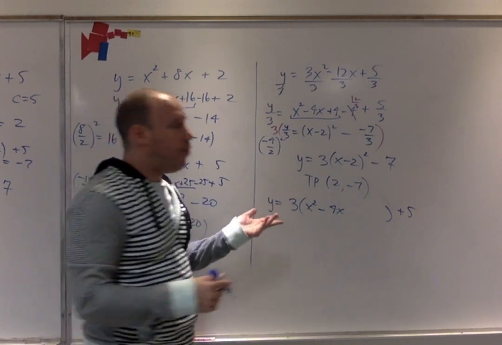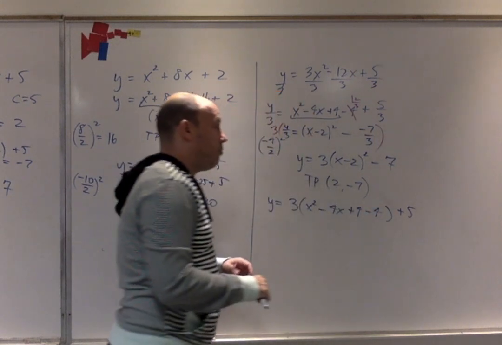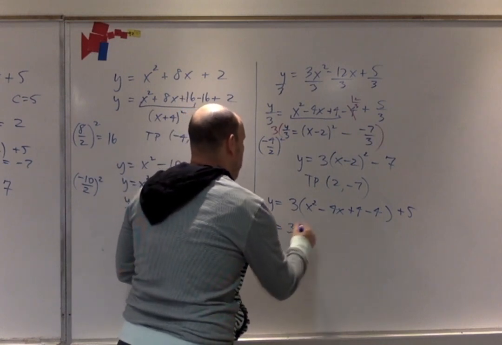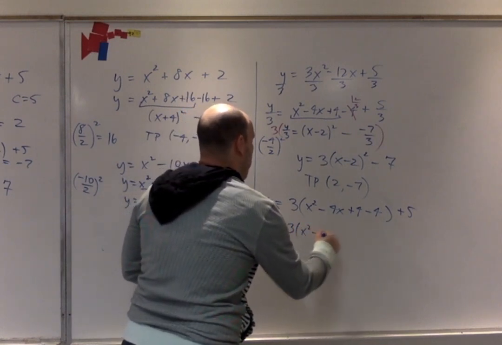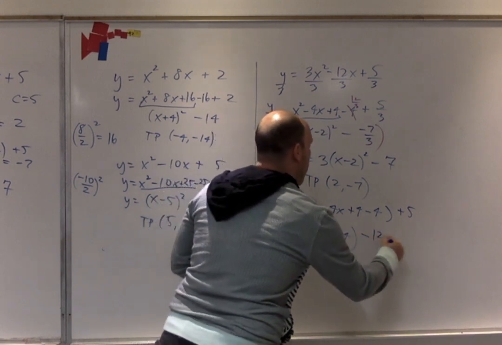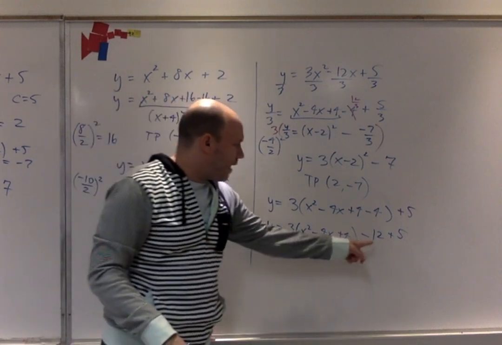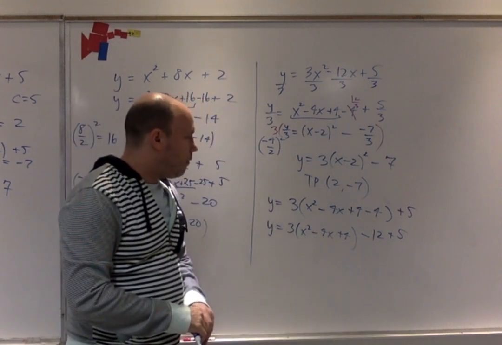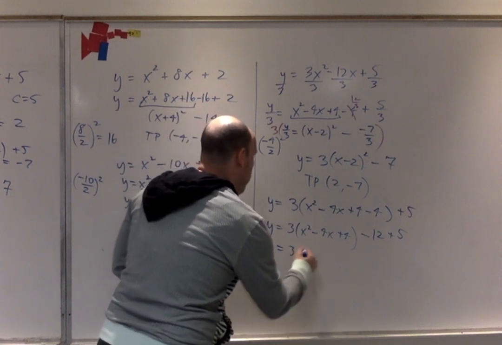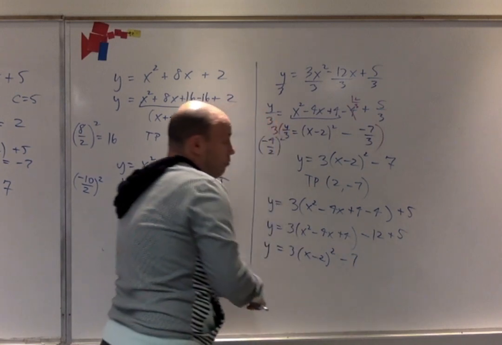Squared is positive 4. Add a 4, subtract a 4. Well, I have y equals 3 times x squared minus 4x plus 4 minus 4 plus 5. I'll leave it to you to figure out where that negative 12 came from. Final step, y equals 3, x minus 2 squared, minus 7.